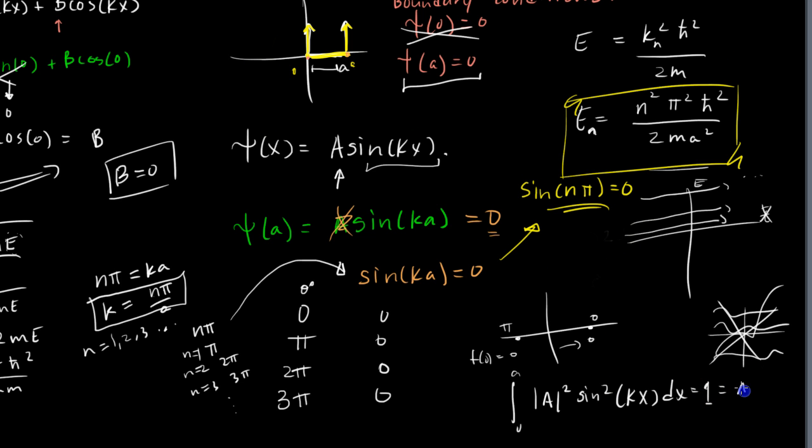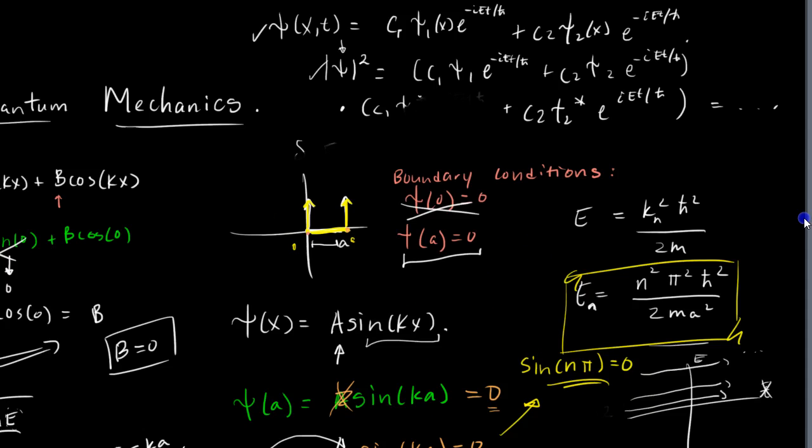That gives A squared times a over 2, and then we get that A is equal to the square root of 2 over a. That's not really important. That's just our normalization constant.